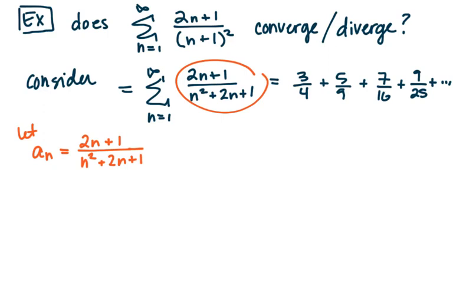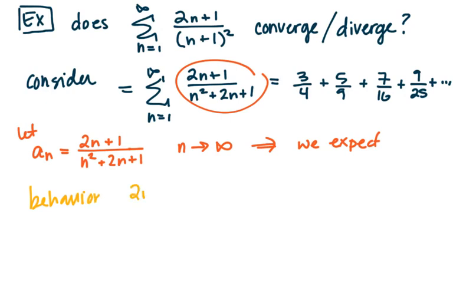And so as we think about our nth term, as n becomes very large, we expect similar behavior if we get rid of those constants, such as 2n over n squared. So I'm just looking at those leading terms.